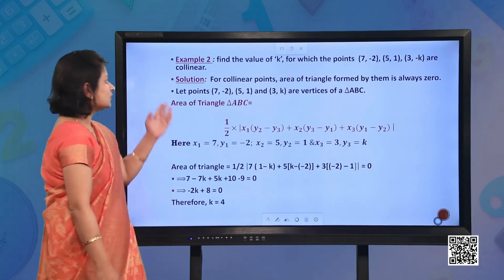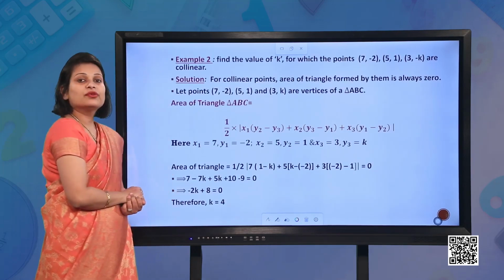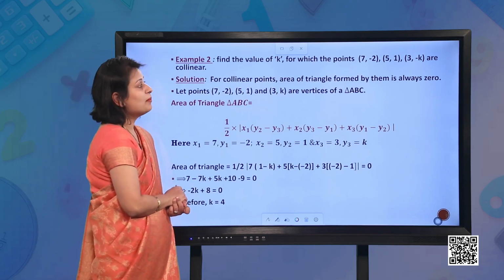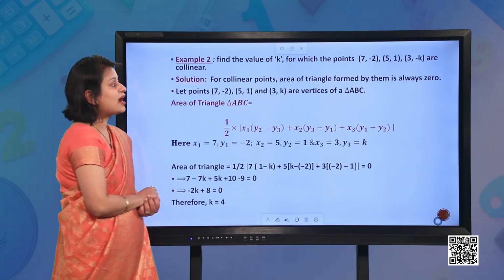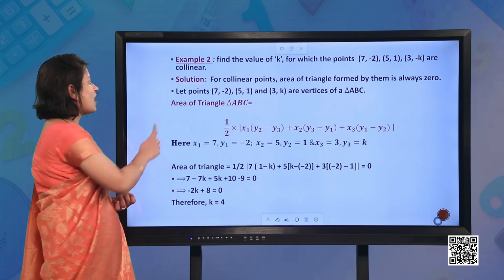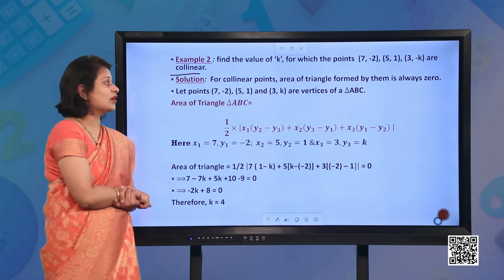Now, let us discuss another example. Find the value of K for which the points (7, minus 2), (5, 1), (3, minus K) are collinear. Now, what do you mean by collinear over here?